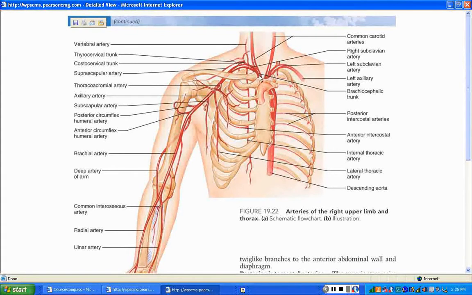It is a branch off the brachiocephalic, as is, keep looking here, this subclavian on the right is a branch off of the brachiocephalic. The way that it works is every time the big vessel has branches, they get new names. So this brachiocephalic trunk becomes both the subclavian and the common carotid going up on the right.